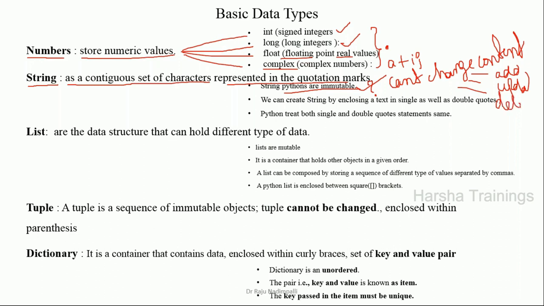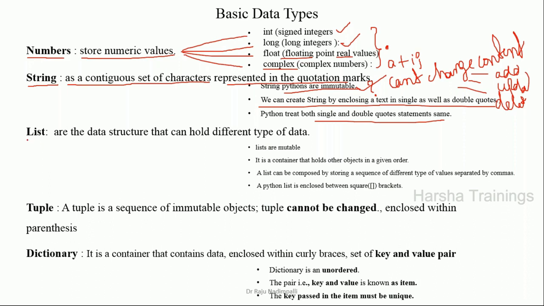These three operations I cannot do if that object is immutable. Now we can create a string by enclosing a text in single quotes as well as in double quotes. Python treats both single quotes and double quotes as same. Clear for you? Today I'm just introducing the data types.